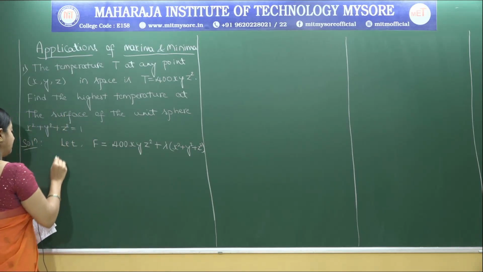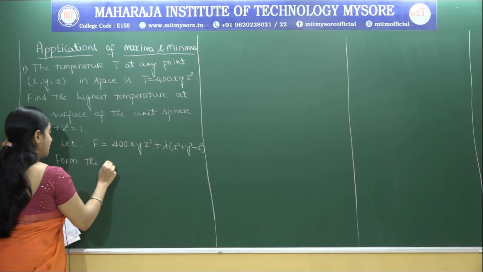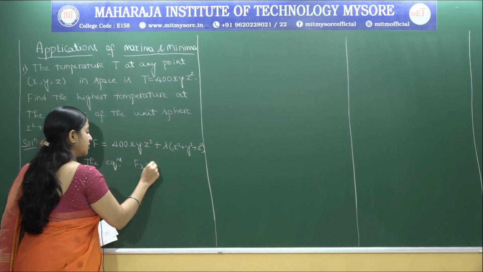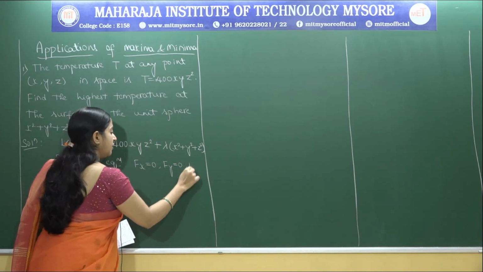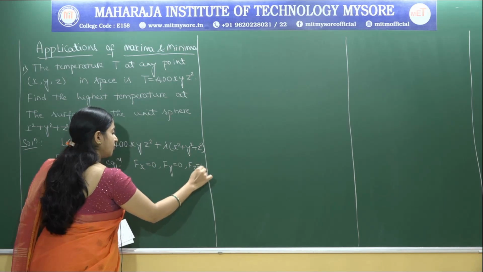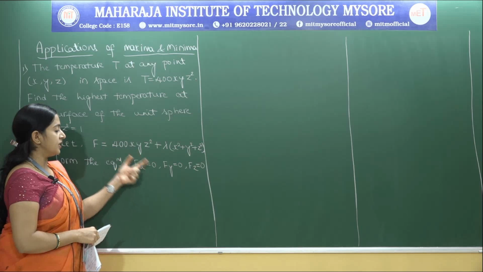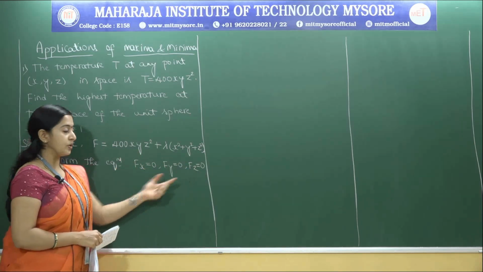Next, form the equations fx equals 0, fy equals 0 and fz equals 0. That is, you have to take the differentiation first with respect to x, then equate to 0, with respect to y and with respect to z, then equate to 0.